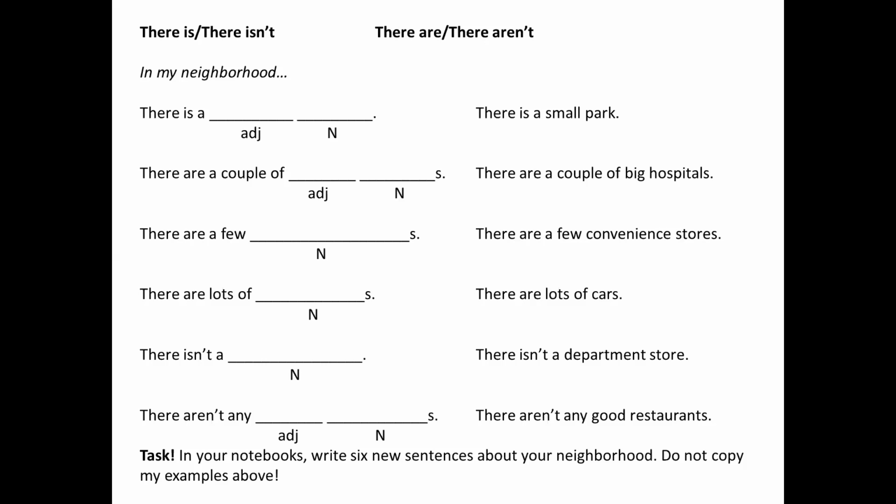I want you to write 6 new, unique sentences about your neighborhood, where you live, and you're going to use the same format as here on the left of the page. So I want you to write 6 sentences with there is a, there are a couple of, there are a few, there are lots of, there isn't a, and there aren't any. So those 6 sentences, write down. Again, I'm going to give you 2 minutes.